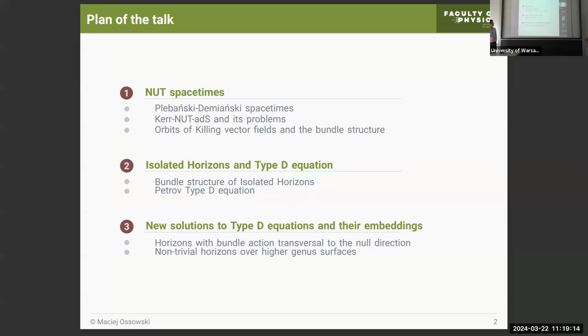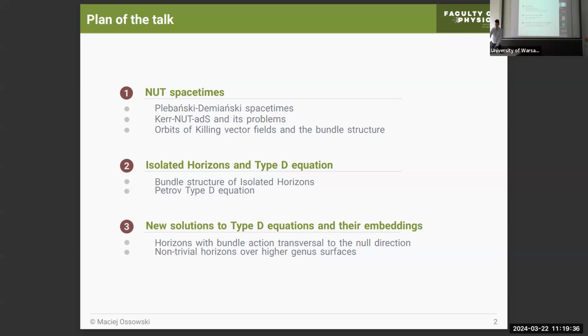The other class are horizons which also admit the structure of a non-trivial principal bundle. However, their bundle action is generated by a vector field which is not the vector field which is null at the horizon. However, it's transversal to it.